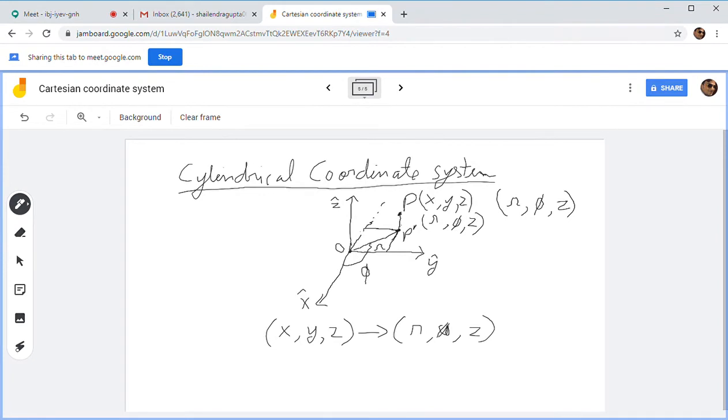If you want to understand this cylindrical coordinate system, then also you have to move in these 3 axes. There are 3 axes here. So what you can do, you first of all move in x direction with R units. So in x direction you move R units. Okay, so first you move here like this.